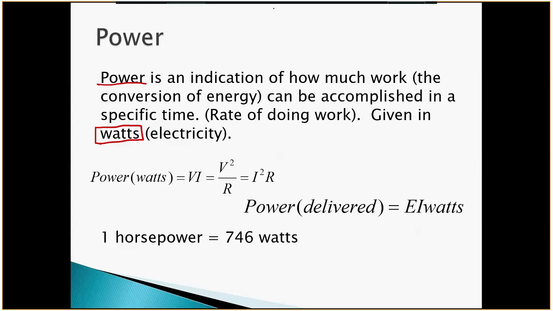When you buy an old 60-watt light bulb, that is the definition of how much heat is given off. That's the work that's given. So it's the rate of doing work, and that's what we measure the ability to do work in electricity. The basic equation for that is power in watts is equal to voltage times current.